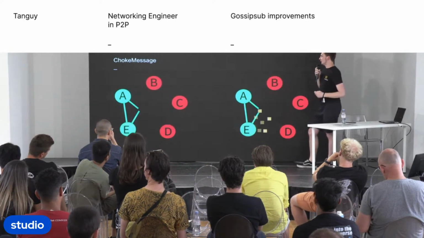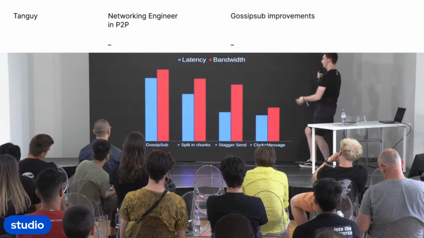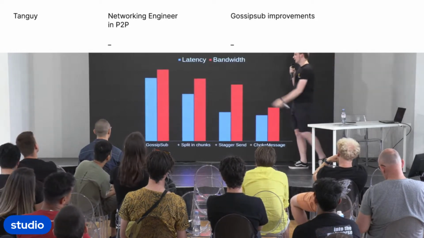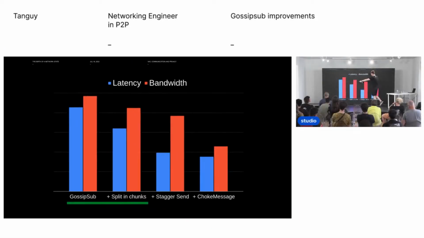So if we put everything together, we have this beautiful graph. We start on the left with our regular GossipSub. Then we split in chunks, which is going to reduce the latency and the bandwidth a little bit. Then we stagger send, which is sending one after the other. This slashes the latency very nicely and the bandwidth a little bit.